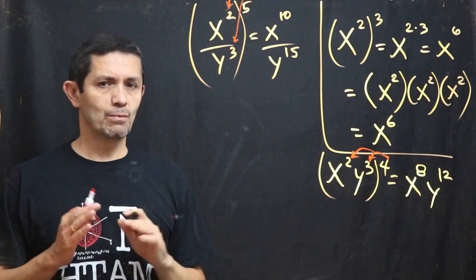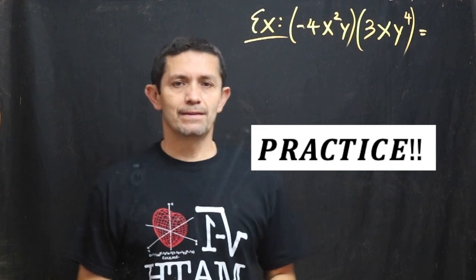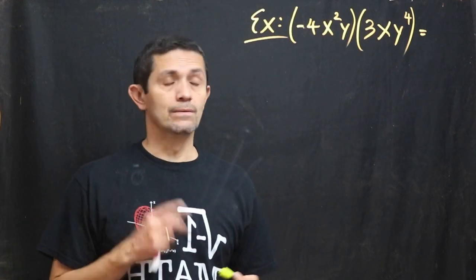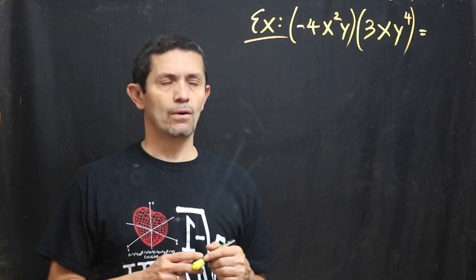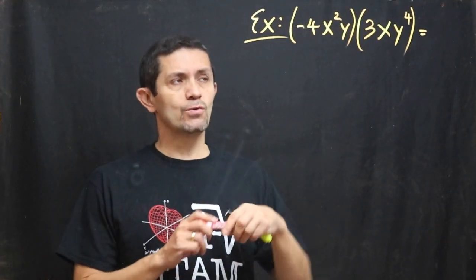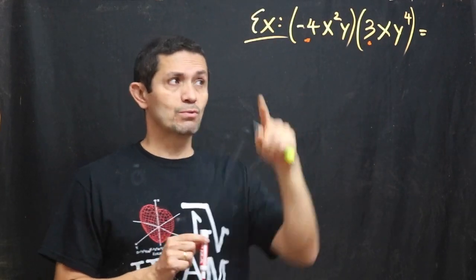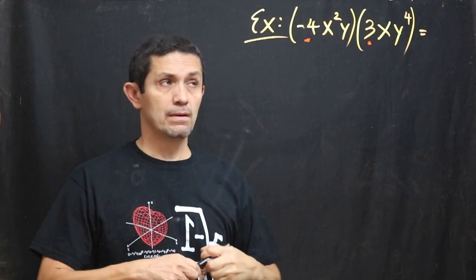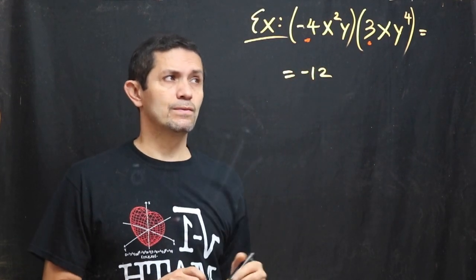Now, let's work on a couple problems using all those properties. So let's say they have this example. Now, a common mistake that we have is that we start multiplying everything, or just combining exponents and all that stuff. So if you have a leading coefficient, if you have a coefficient in front of that term, they multiply straightforward, okay? So if you have negative 4 times 3, that's going to give you negative 12.